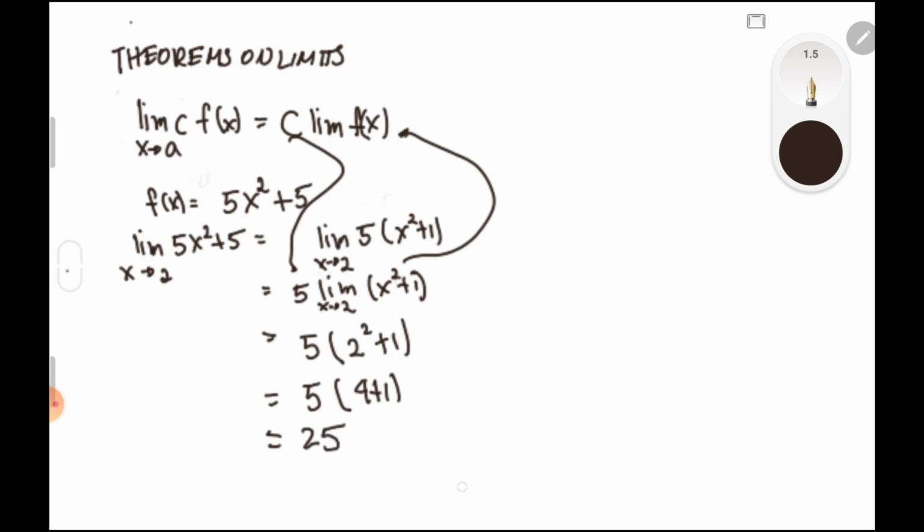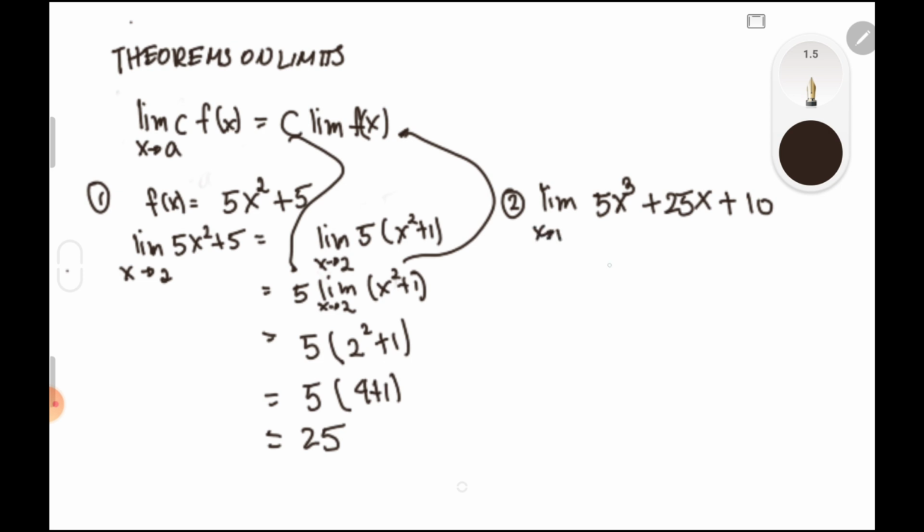So next, let's say f of x is the limit of 5x cubed plus 25x plus 10 as x approaches 1.